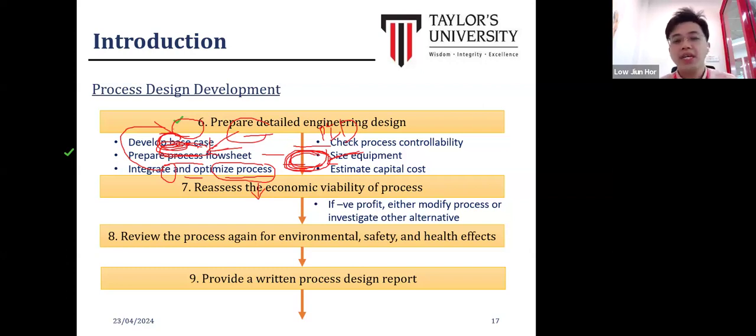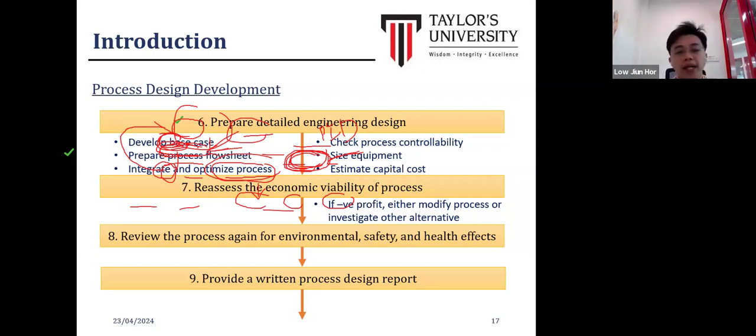Okay, normally here you need to try to get the approval or green light from your superior before you can proceed. Once they already give you the green light approval, then you can try to review the chemical plant that you design here based on the environment, safety, and also health effect aspects to make sure they are actually eco-friendly enough and can be safely operated.